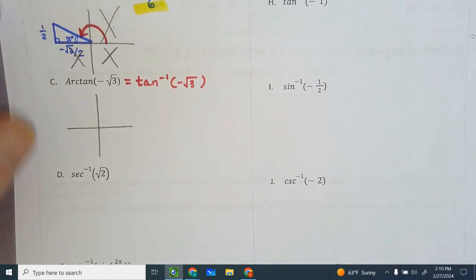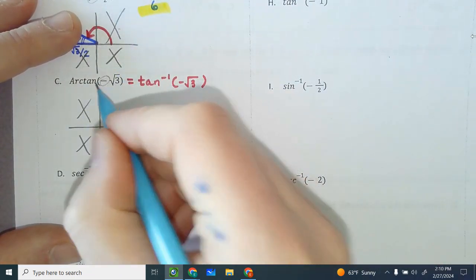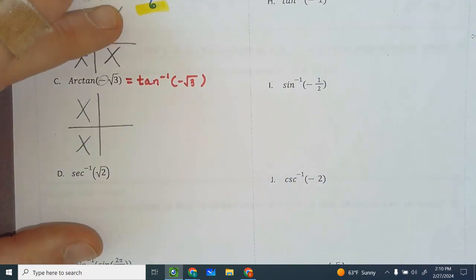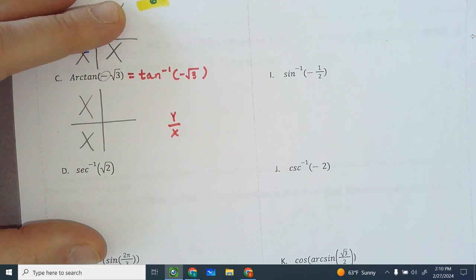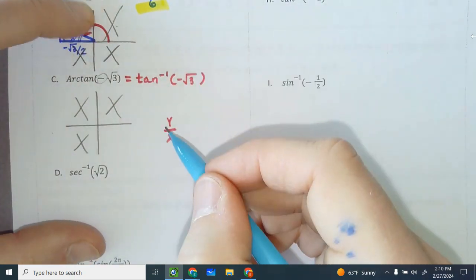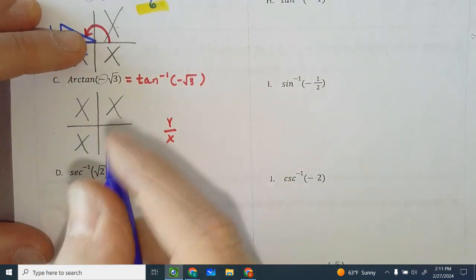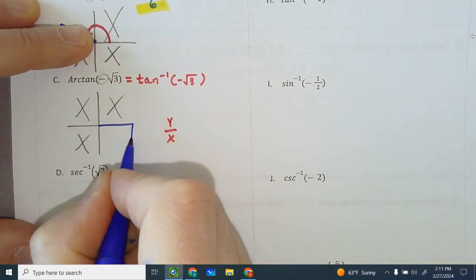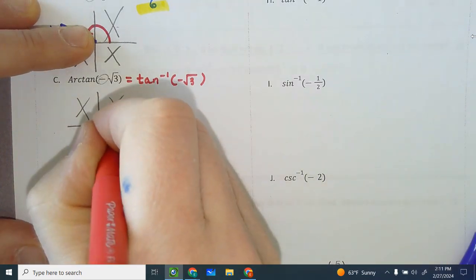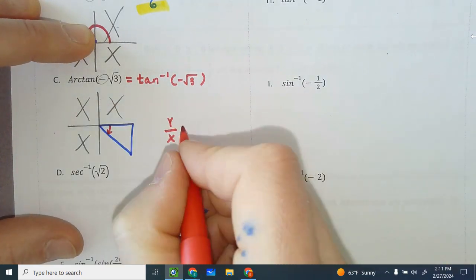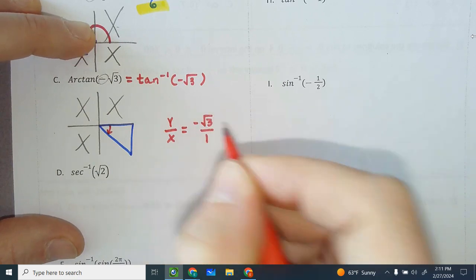Cross off, cross off. The negative tells us that since tangent is y over x, we must be in the fourth quadrant because y over x would be negative right there. Okay. So we're looking for an angle right here so that y over x would be equal to negative roots of 3 over 1.